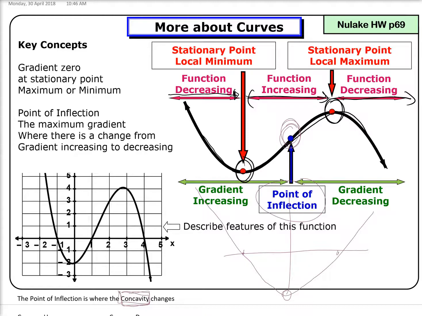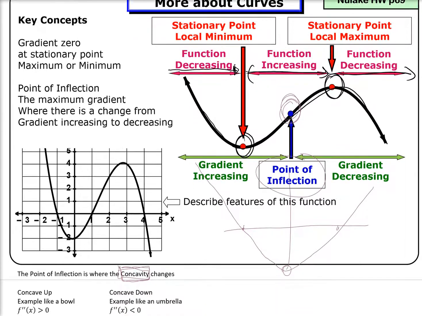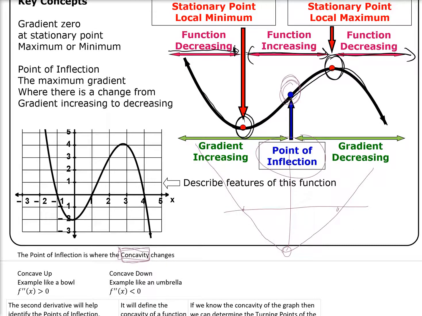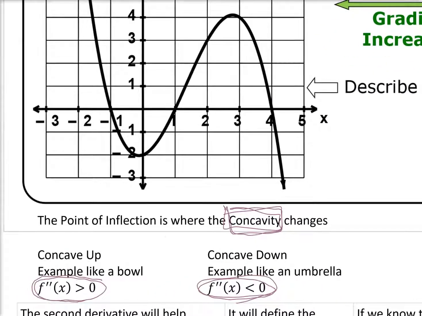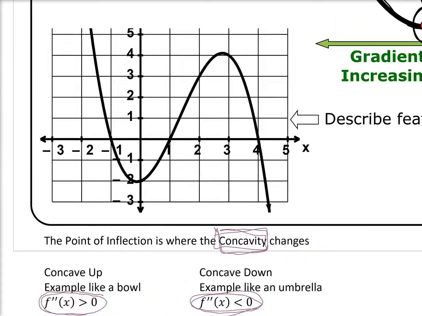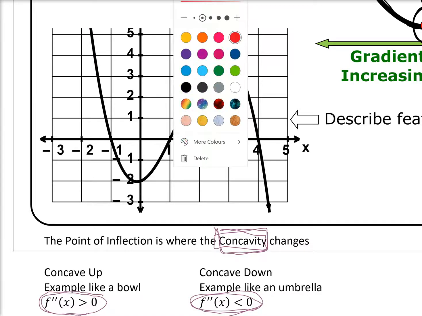What is this concavity stuff you talk about? It's basically whether the gradient function of the gradient function is greater than 0 or less than 0. If the gradient function of the gradient function, in other words f dash dash x, is greater than 0, then it would be like a bowl. Okay, I'll get a pen.